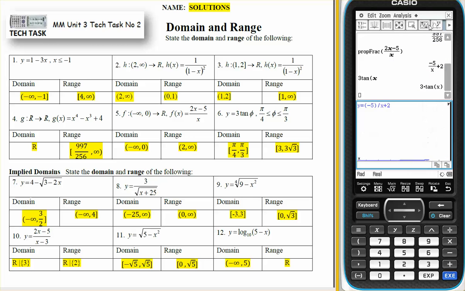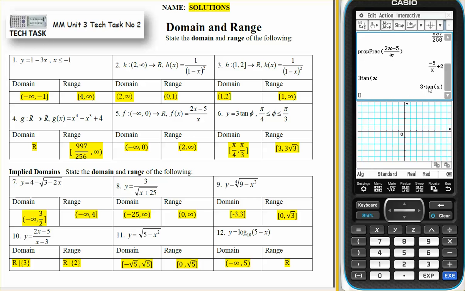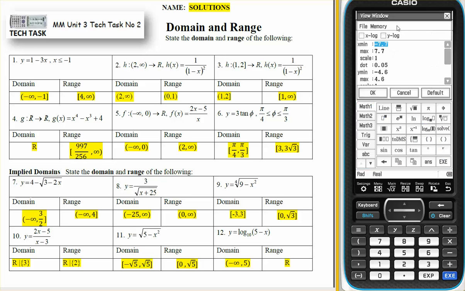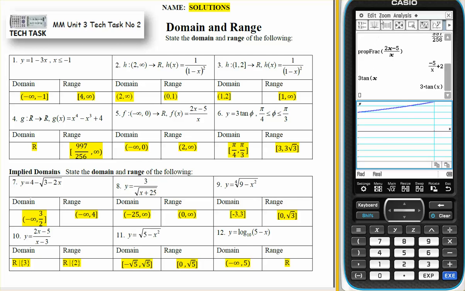I bring up my window, I go Edit, Clear All, I drag and drop, and I get lots and lots of them. I restrict my domain to pi on 4 to pi on 3. So pi divided by 4 and pi divided by 3. And I just look at that bit.